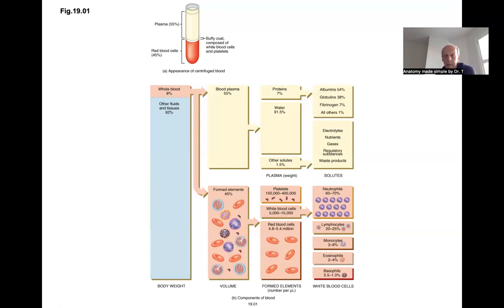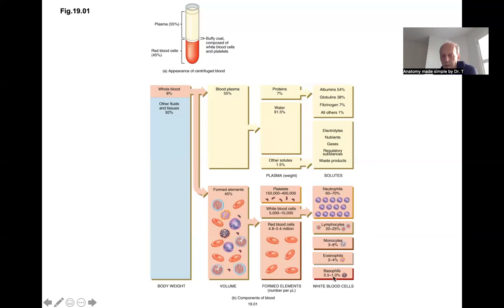You realize that there are 3 of them which end with the suffix phils: neutrophils, eosinophils, basophils. They're also called the granular leukocytes because within their cytoplasm, if you come much closer to the screen, you can see some kind of interesting granulation, although these diagrams are really small. Basically, these granulations are what put them in the class of granular white blood cells.